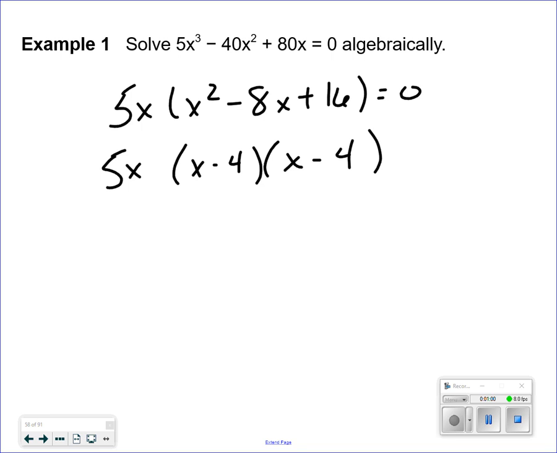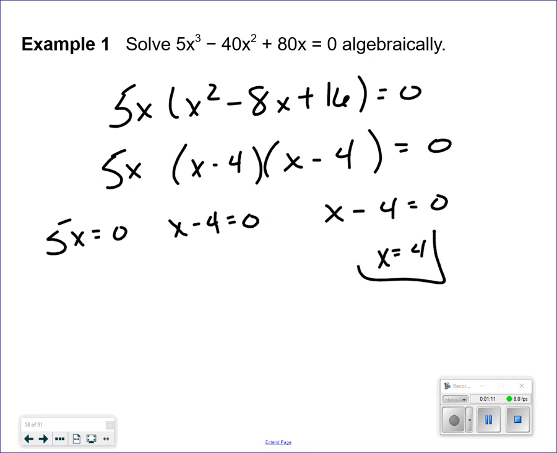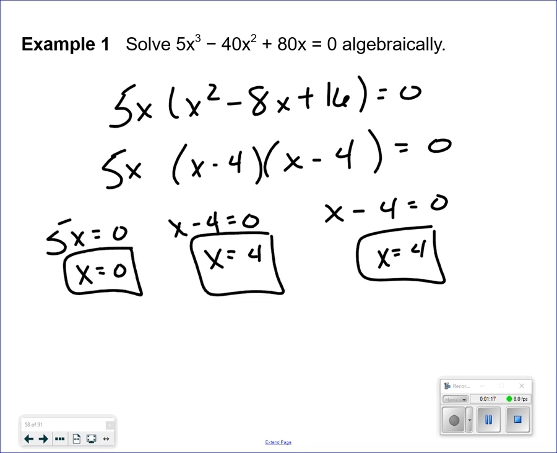Anytime you're using the zero product property and you have factored completely, every time you have a factor, you can set that equal to 0 and solve. I'm going to talk a little bit about the fact that I end up getting two 4s in just a few minutes, but ultimately, once you have everything in factored form, every one of the factors, including the binomial, 5x, is set equal to 0, and then you solve each one of those.